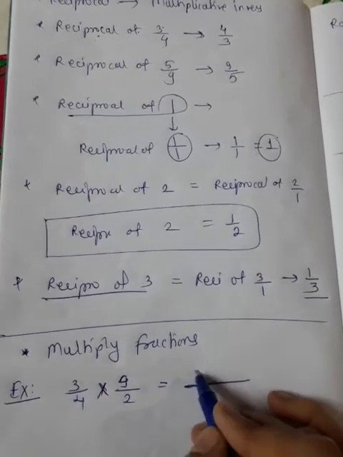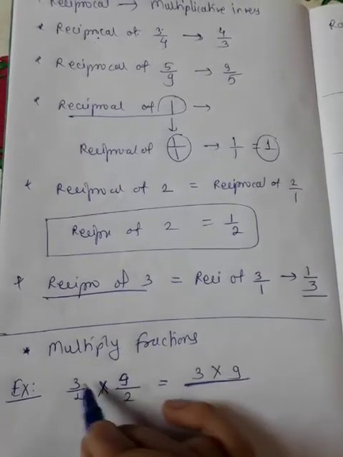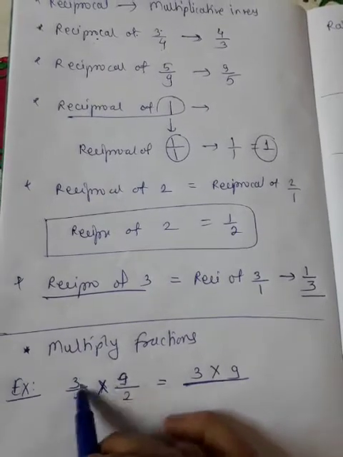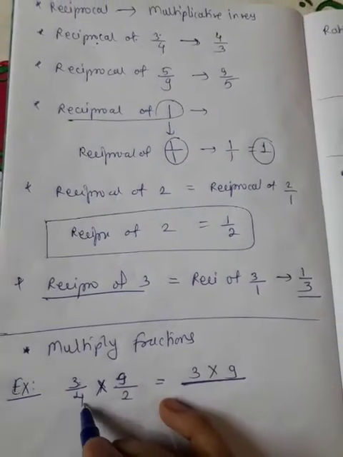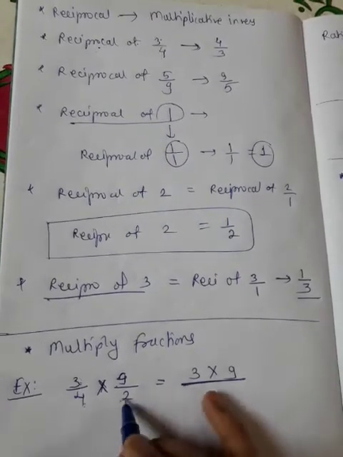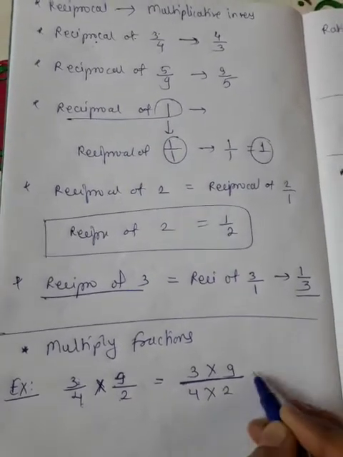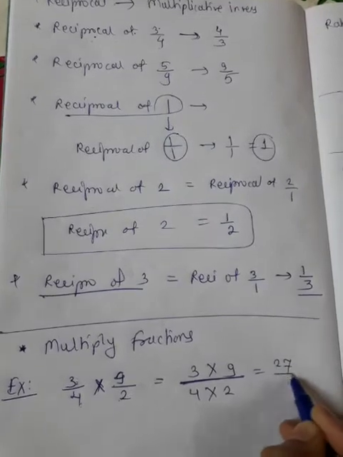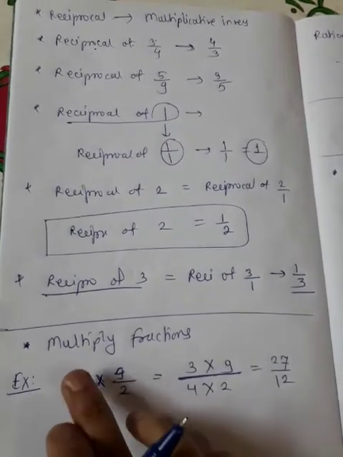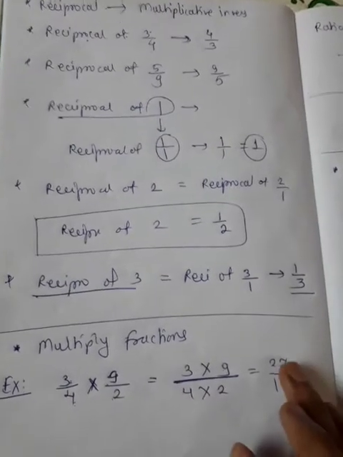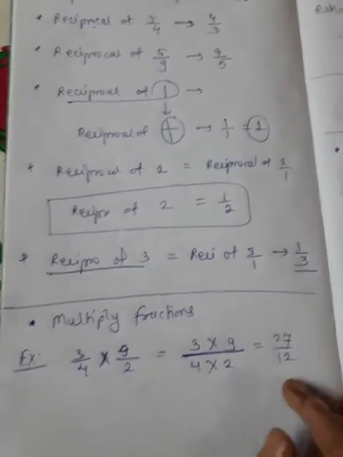So here 3 multiplied by 9. First do the product of the numerators, and in the denominator write the product of the denominators. So here 4 into 2. So this is the multiplication of 3 by 4 and 9 by 2. So 3 by 4 into 9 by 2 gives us 27 by 12.